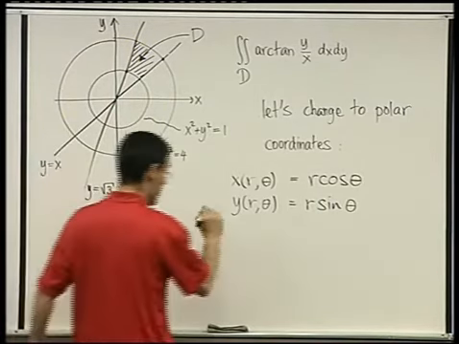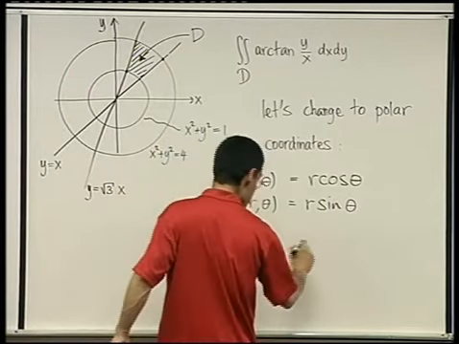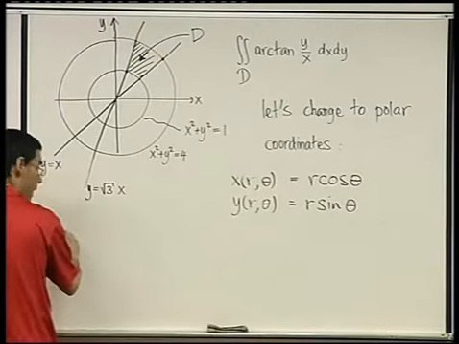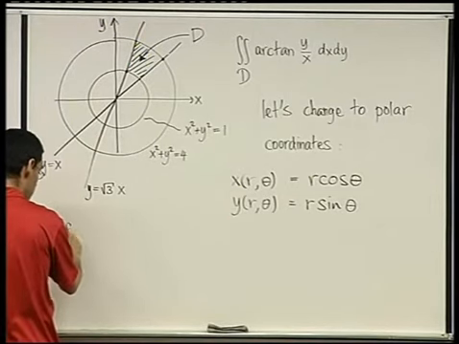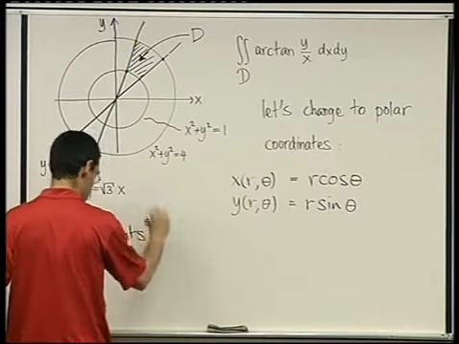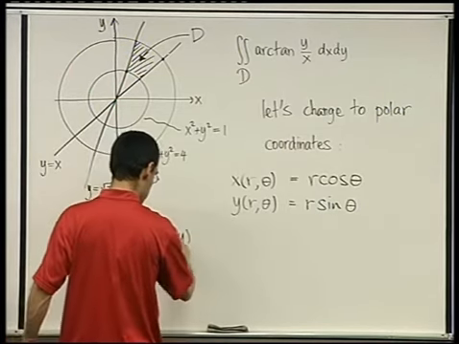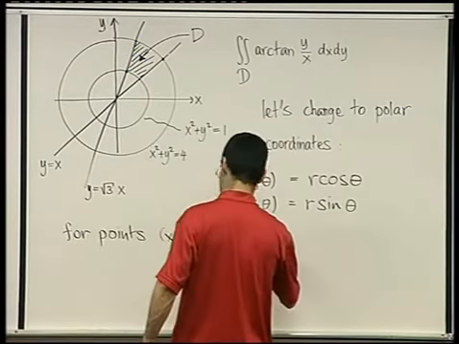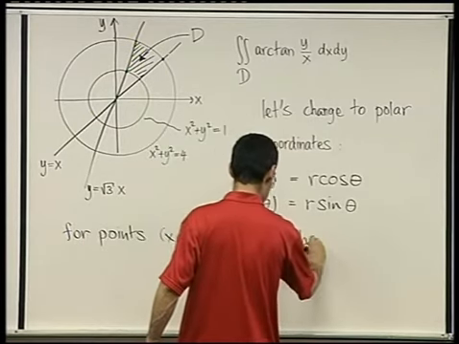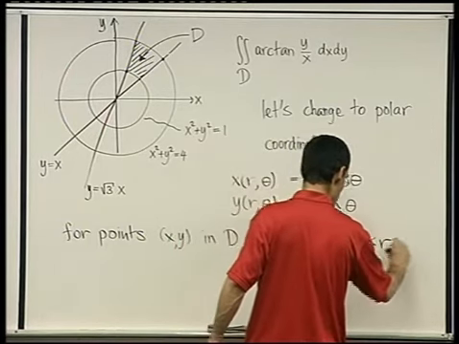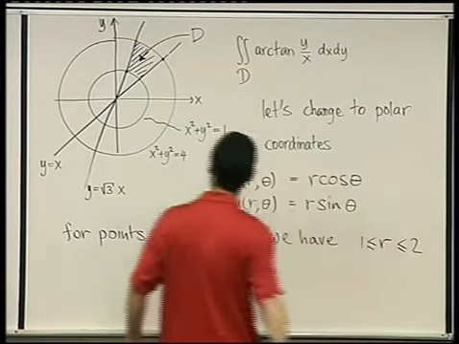Okay. So when we transfer D, let's write it here, for points x, y in D, we have that r is between 1 and 2.